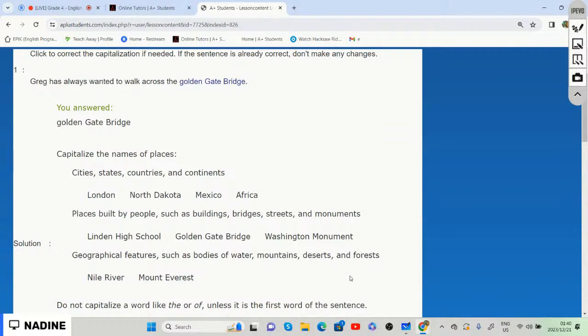We need to capitalize even if they ask you what city you live in. You need to capitalize the name of your city, your country, your continent. These are all of the things that need to be capitalized.